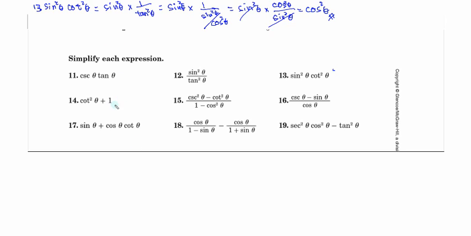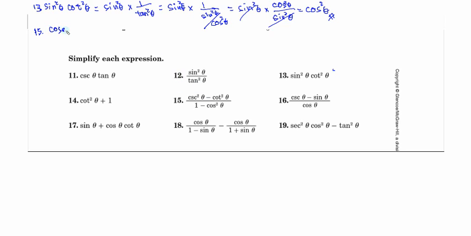Okay. Now, let's look at the more difficult question over here, this one, 15. Now, question 15 seems to be more complicated. Let's try this.